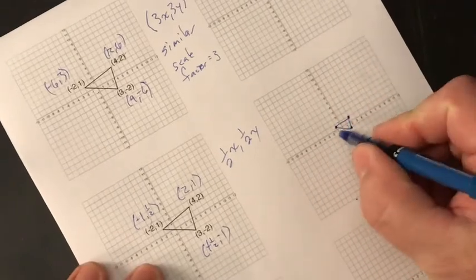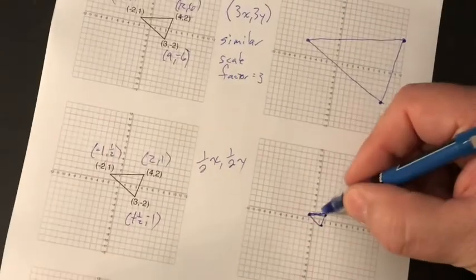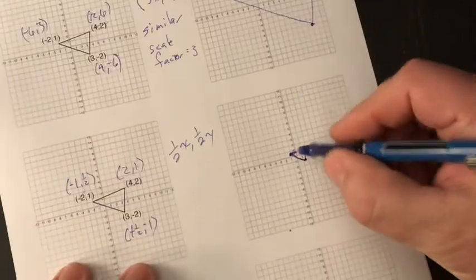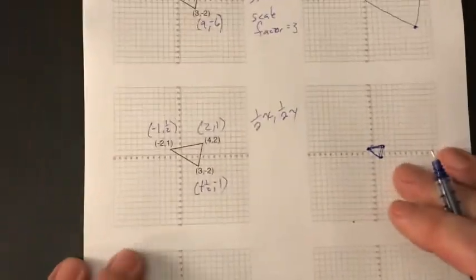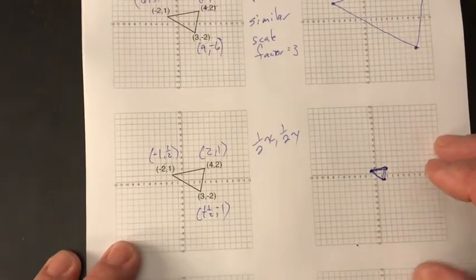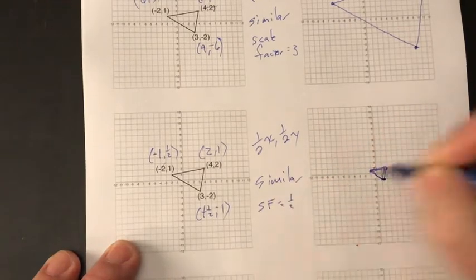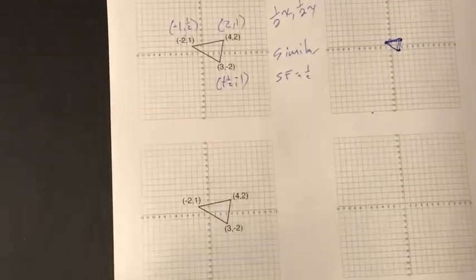And this triangle is still similar, even though I kind of munched it up there. This triangle is similar, and the scale factor is 1/2.